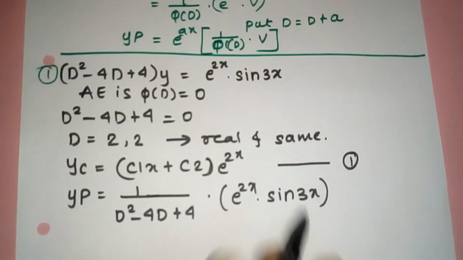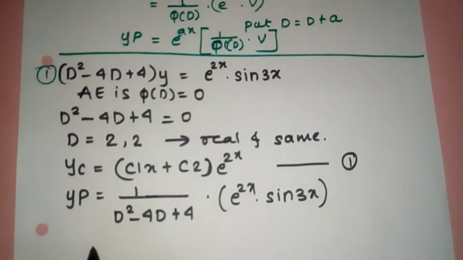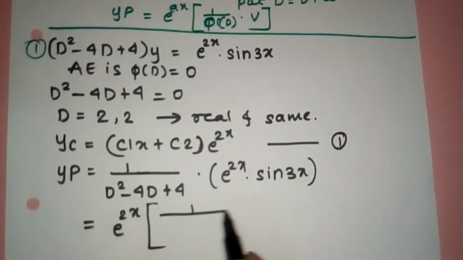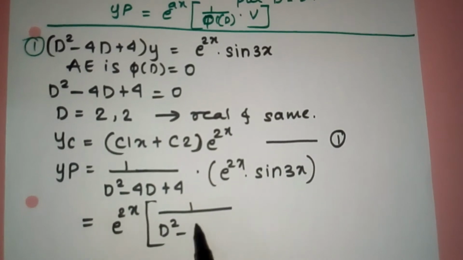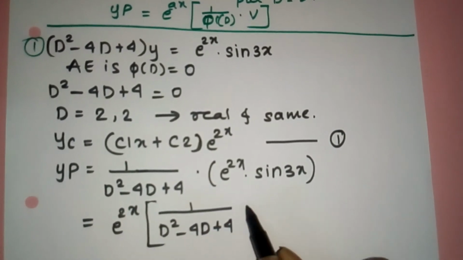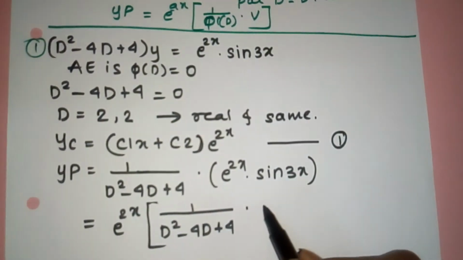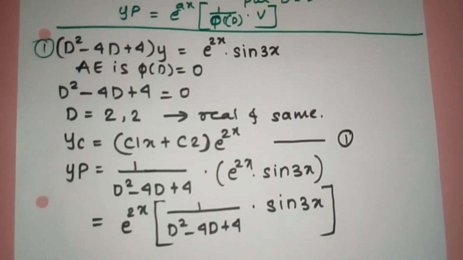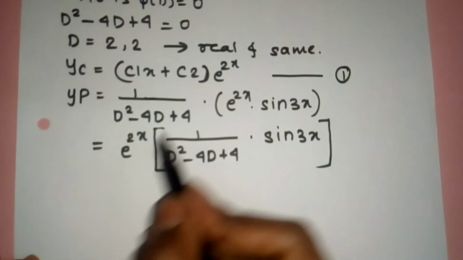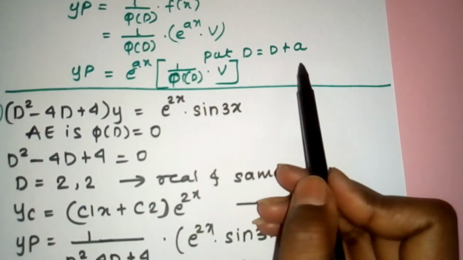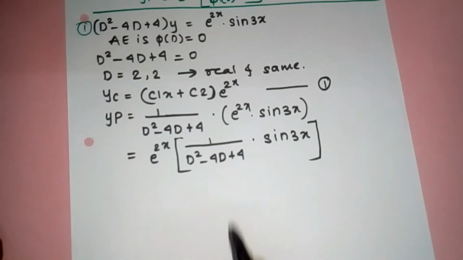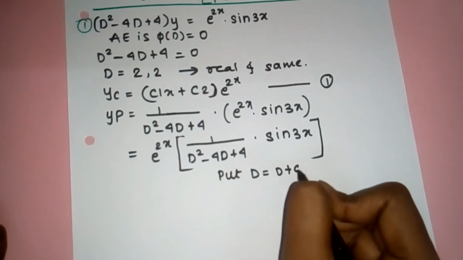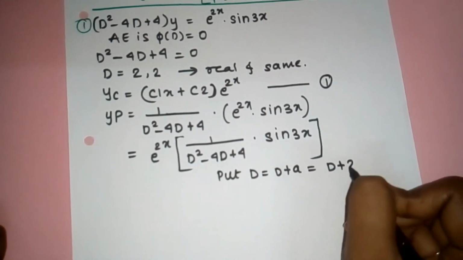We have to bring it into this form. E raised to ax, we have to keep it outside, so e raised to 2x, we'll keep it outside. Then we'll take 1 upon phi of d inside, d square minus 4d plus 4 into, we'll take this v as sin 3x. Now we have brought it in this form. Now we have to put d is equal to d plus a, that is d plus 2.